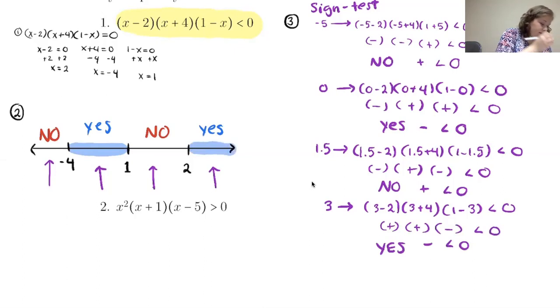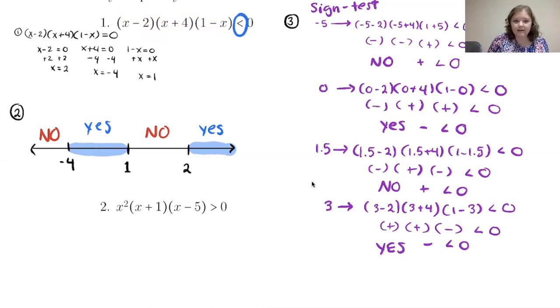Okay. So we have the intervals that we need. We have them shaded. And now we just need to figure out what our endpoints are. So we need to figure out if it's brackets or parentheses. So if we do that, we want to look at this sign right here.